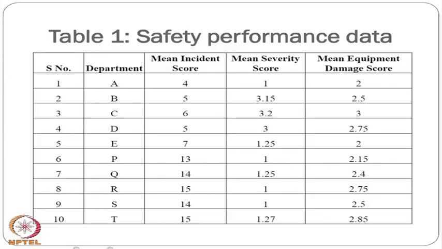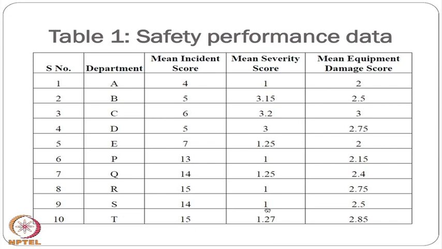So, the data collected, for example, the 10 departments data, mean incidence scores. So, you are measuring with some measurement system, that mean incidence score, mean severity score or mean equipment damage score, and you are finding out that A, B, C, D, E, F, then P, Q, R, S, T, these are the names of the departments, and this is mean incidence score, mean severity score and mean equipment damage score.